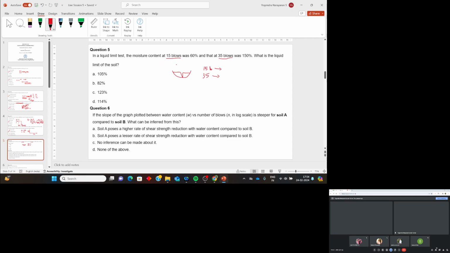Now we know the water content at 15 blows and 35 blows. We know that the line is linear, so this is the water content.